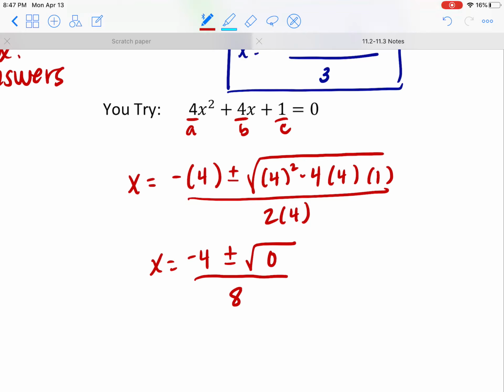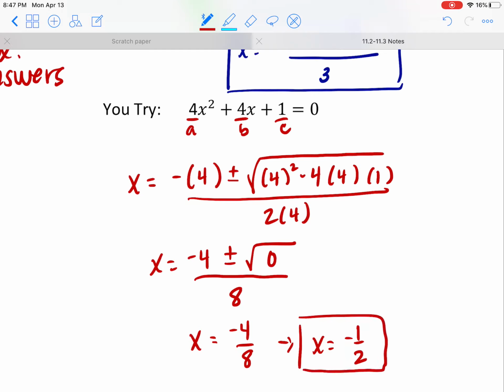And then on the bottom, 2 times 4 makes 8. Well, now that we got a 0 underneath the radical, what is the square root of 0? Well, it's just 0. Negative 4 plus 0, negative 4 minus 0, are those different things? No. So if the radical is 0, it goes away, which means now we just have one solution here, negative 4/8, and that reduces. So we're going to say x equals negative 1/2 is our solution.